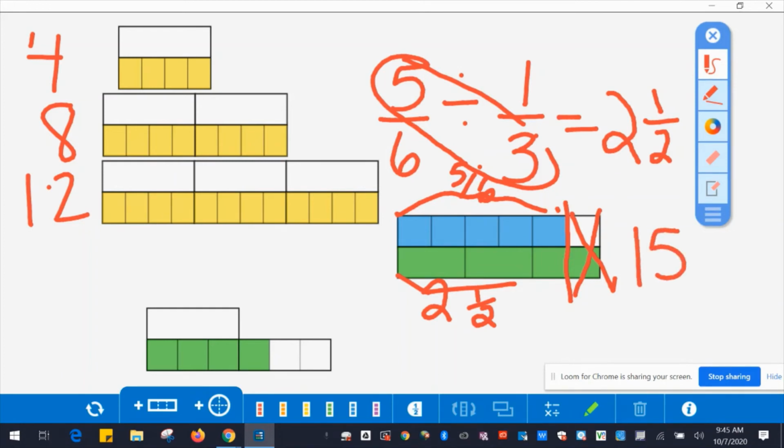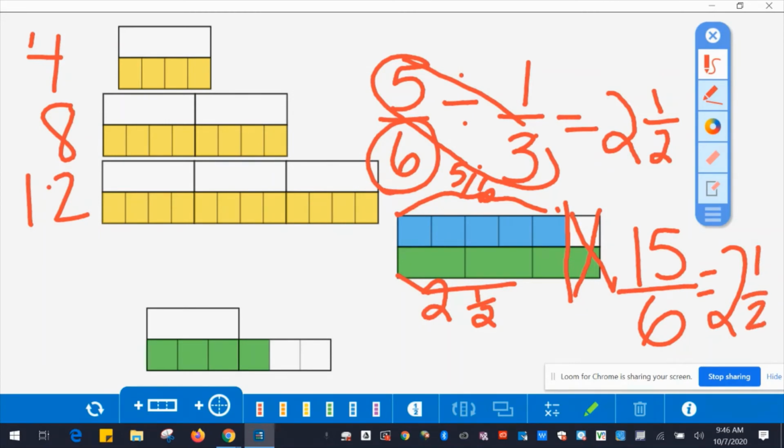And then I'm dividing by that piece that's left over, 6. Okay, so how many groups of 6 are in 15? 2 whole groups. And then I would have 3/6 left, and another equivalent fraction for 3/6 would be 1/2.